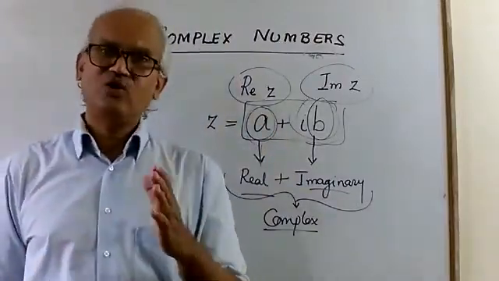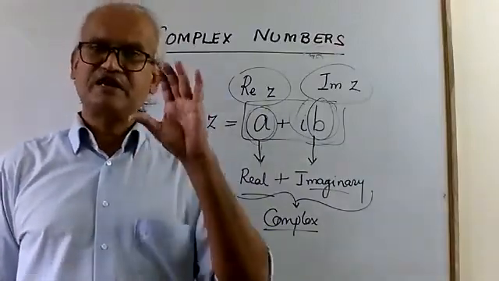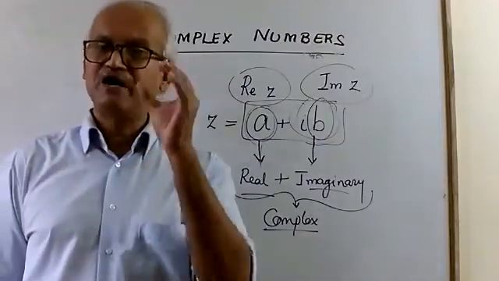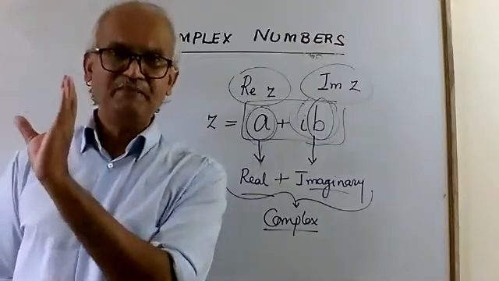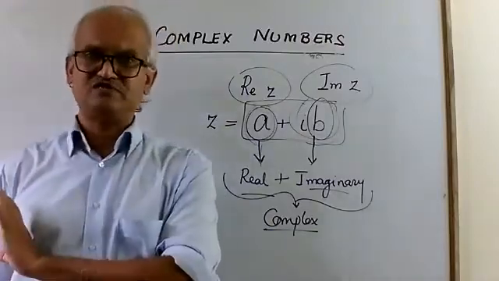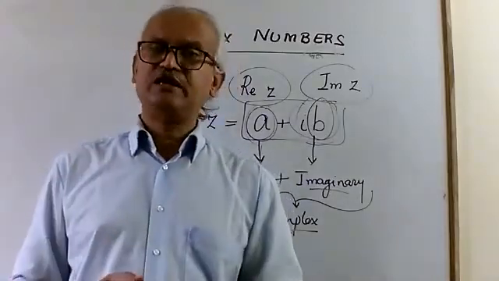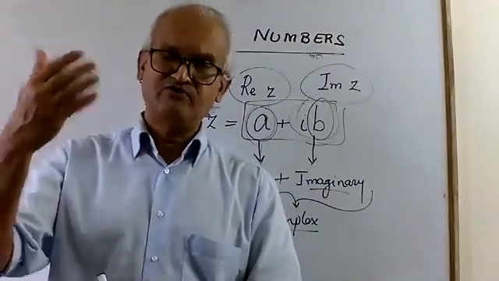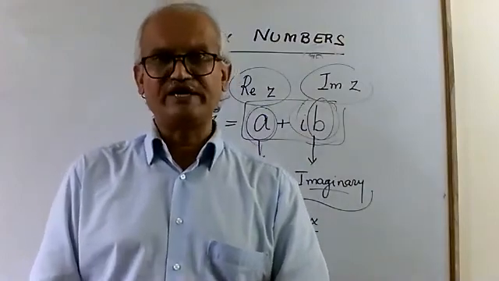A complex number is represented as small z equal to a plus ib, where a is the real part of z and ib is the imaginary part of z. At this point, we will stop this introductory session, and in our next session, take up the further mathematical rules and calculations related to complex numbers.